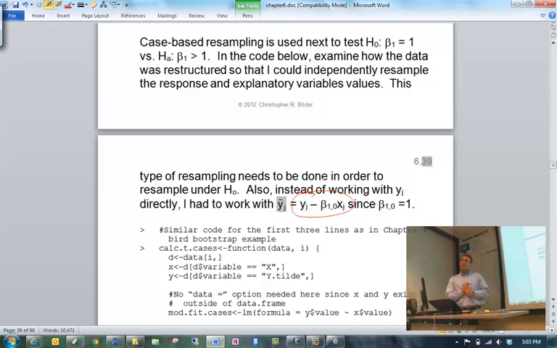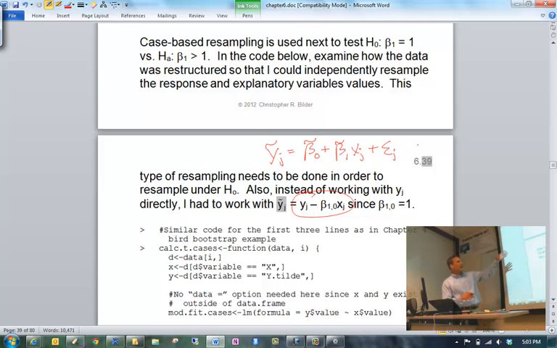Let y tilde be our adjusted values. Take y_j minus beta 1, the hypothesized value of it, times x_j. So now here's my adjusted value. And if I were to estimate, perhaps I shouldn't do this, but I'm going to anyway.